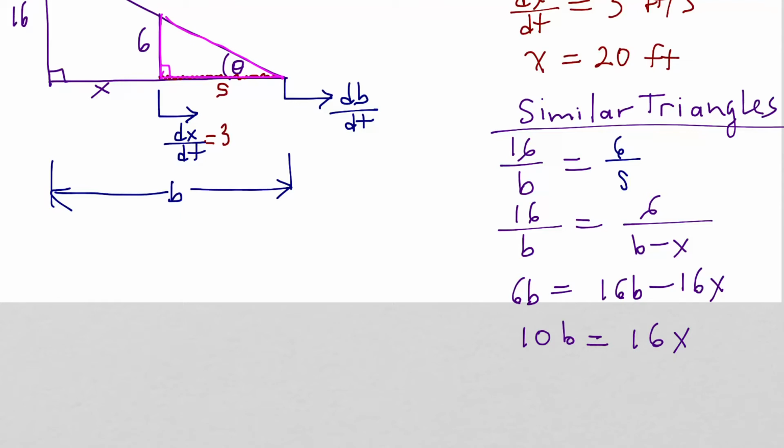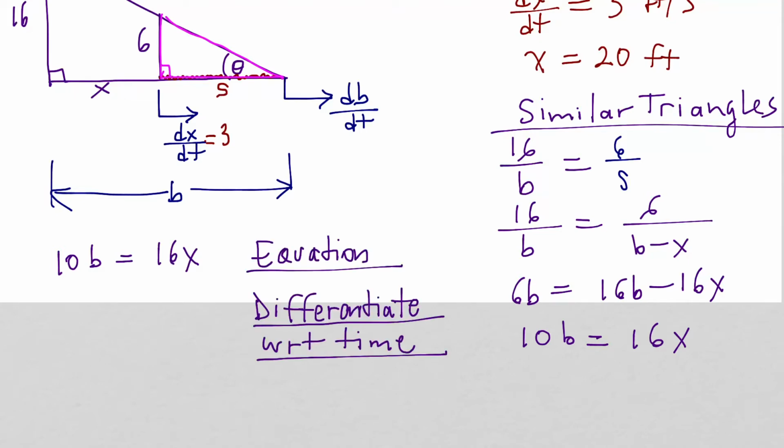Right, this is my equation. Now I want to differentiate with respect to time. So the derivative of 10b would be 10, using the chain rule, times the derivative of b with respect to time. And then on the right, the derivative of 16x is just 16, using the chain rule, times dx/dt.